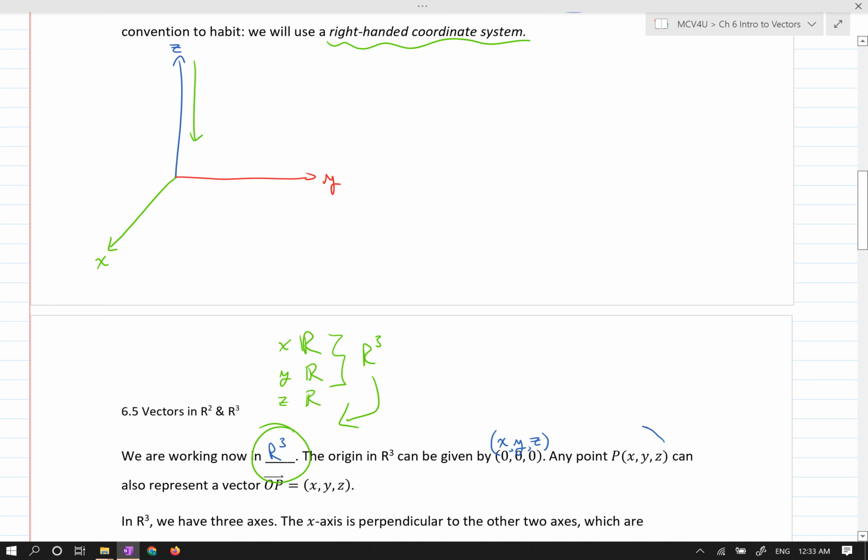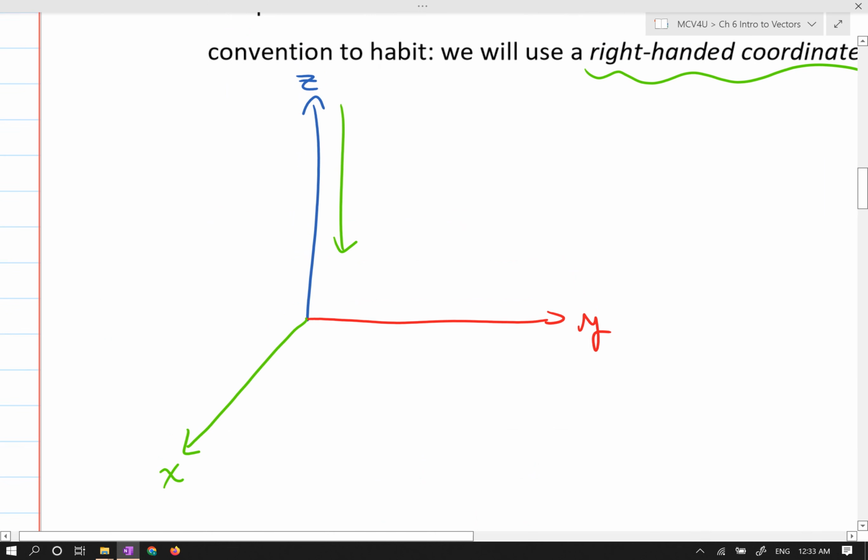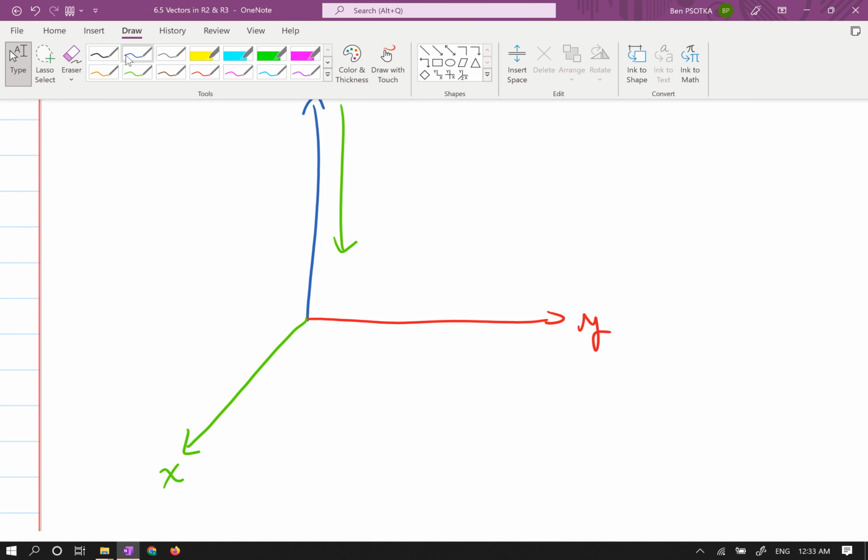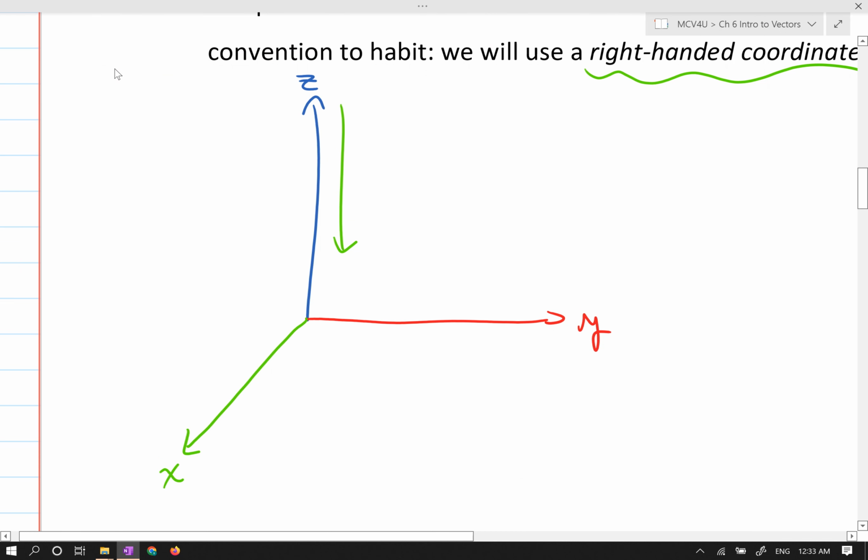So any point x, y, z can also represent a vector from the origin to that point x, y, z. So if I'm trying to find a point, let's zoom in, we'll play around a little bit. This entire lesson might seem a little bit overwhelming at times, that's okay, we'll play around, we'll get there.